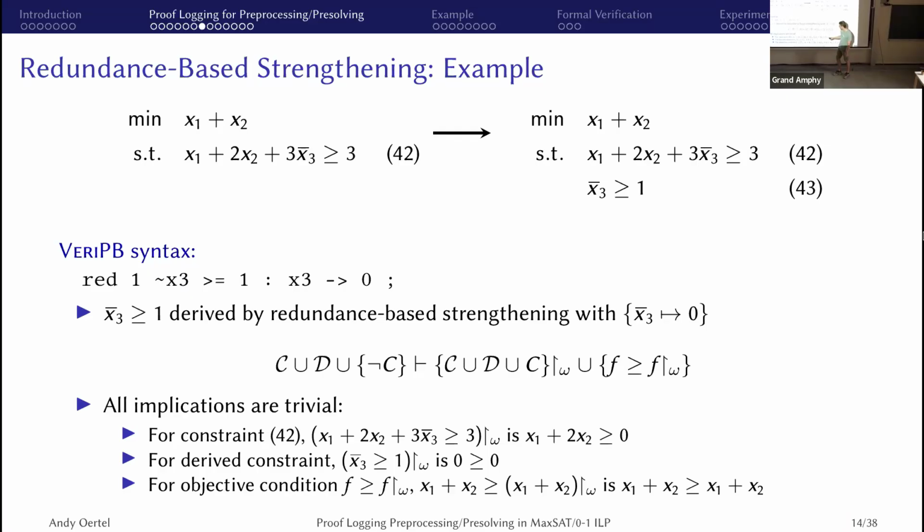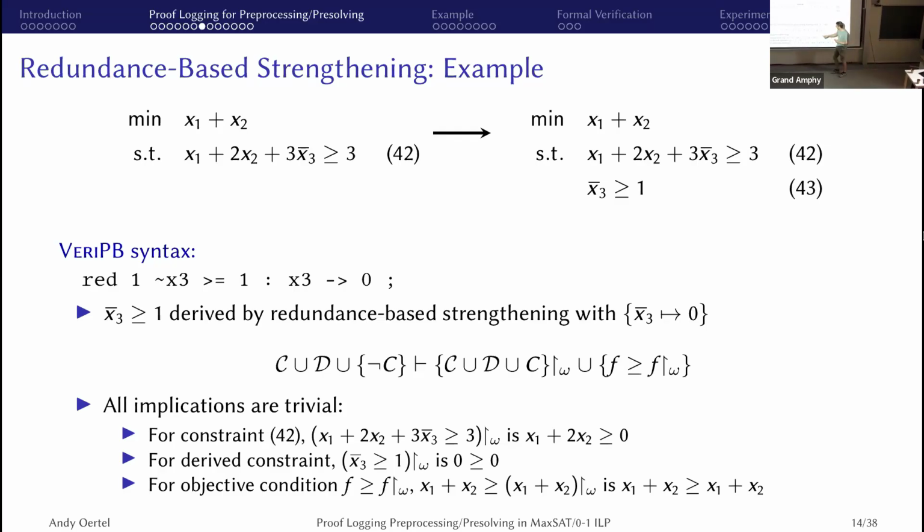If we plug in this substitution that maps x3 to false, so not x3 becomes true, this is just a constant 3, moved to the right-hand side, so this becomes a trivial constraint: x1 plus 2x2 greater or equal 0 is always true. Any solution satisfies this.